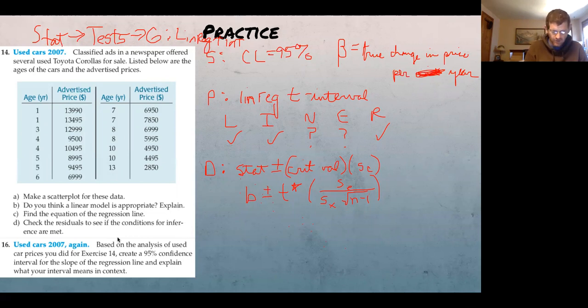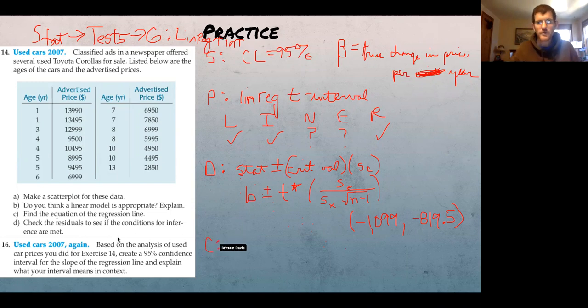Now I can just show my answer. It's going to be negative 1,099 to negative 819.5. All right, and then I can conclude.